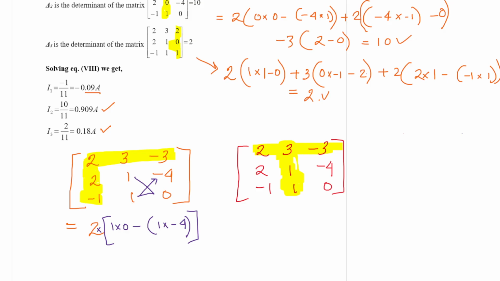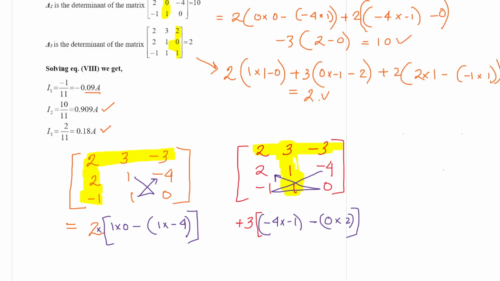Then your calculation starts with plus 3, multiplied with, now the calculation ended previously at minus 4, so in this case it starts with minus 4. So again you do minus 4 into minus 1, then you go this direction, 0 into 2. So we write minus 4 into minus 1 minus 0 into 2.